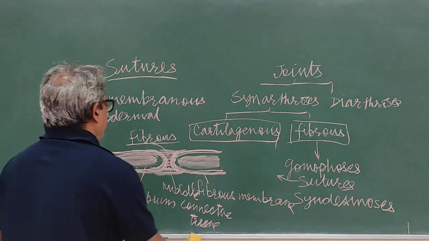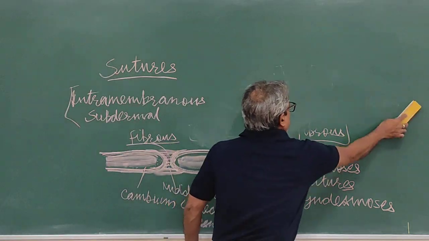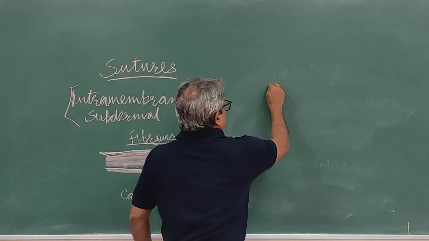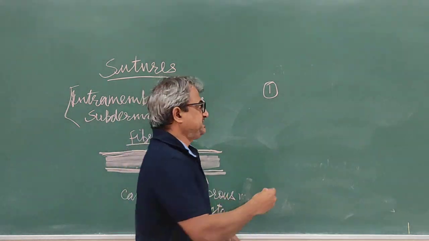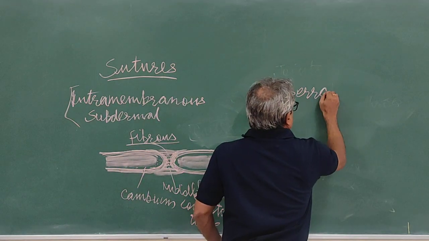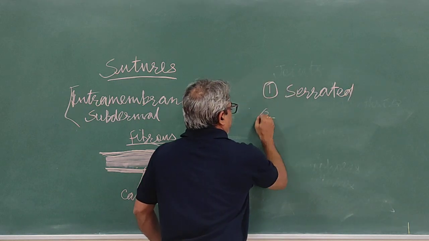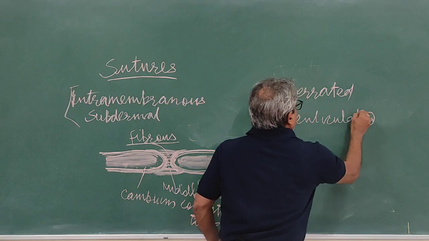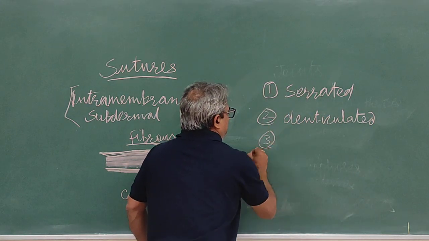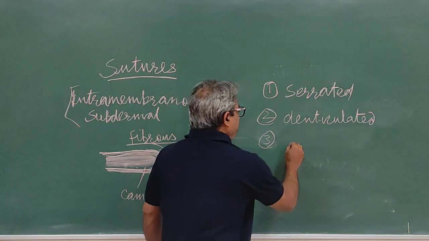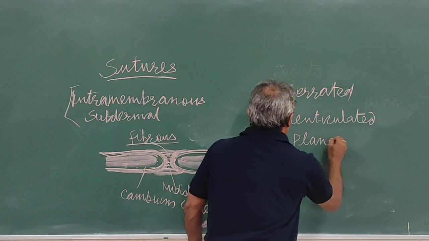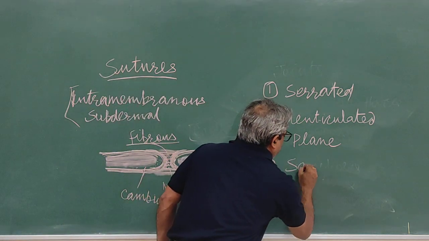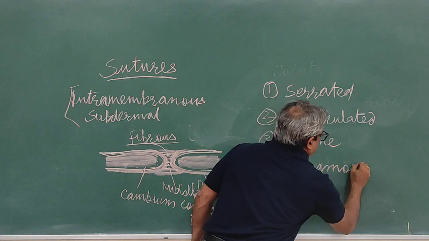These sutures, on the basis of the nature of opposing surfaces, are divided as, number one, the margins can be serrated, or the margins can be denticulated, or the margins can be plain, or there is another class which we call the squamous kind of sutures.